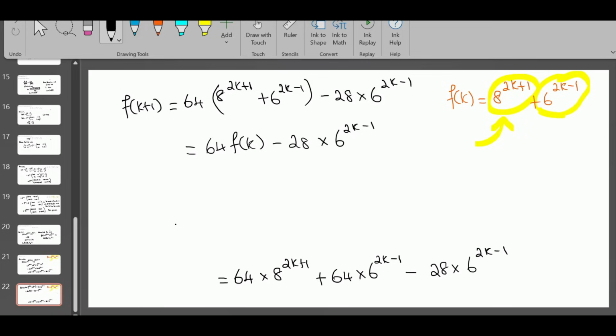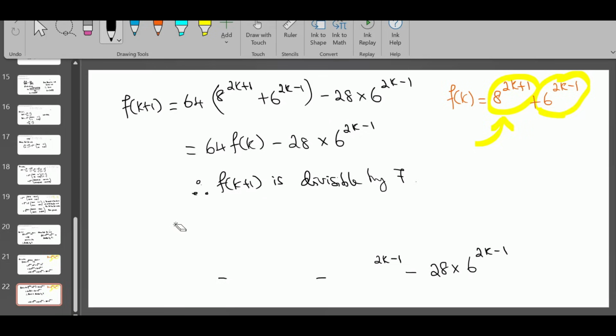So you need to write the conclusion here. Therefore, f of k plus 1 is divisible by 7. That's not the conclusion. So you need to write the conclusion this way.